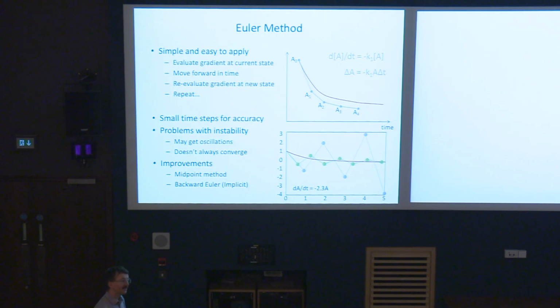If you've got rapid changes in some of these reactions in the atmosphere occurring in quite short time scales, and your time steps are too long, you can overshoot. You may get oscillations occurring. You may have divergence, so you don't converge on a solution. Take slightly smaller time steps and you may still get oscillations. You may still converge on a solution, but you may not.